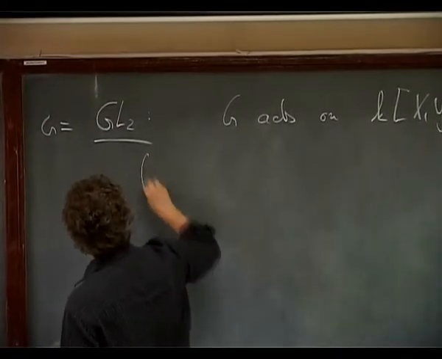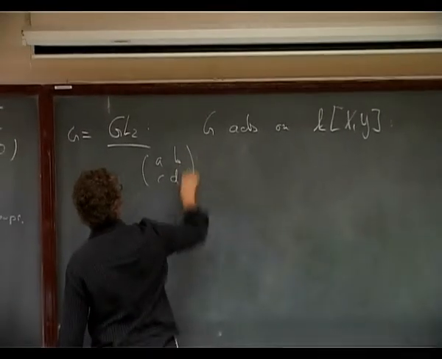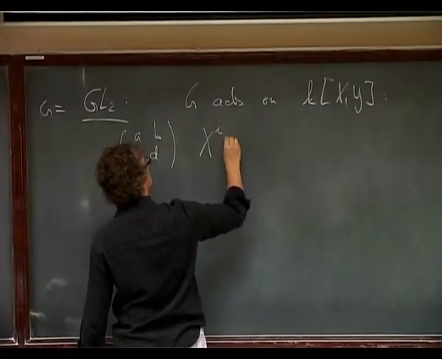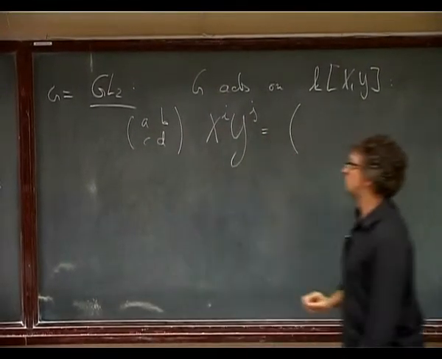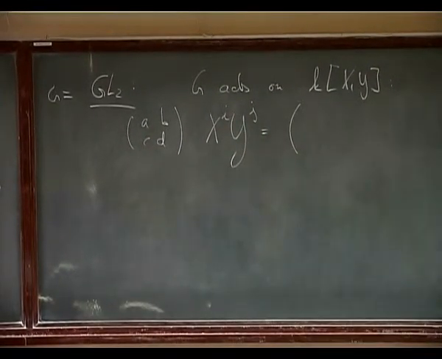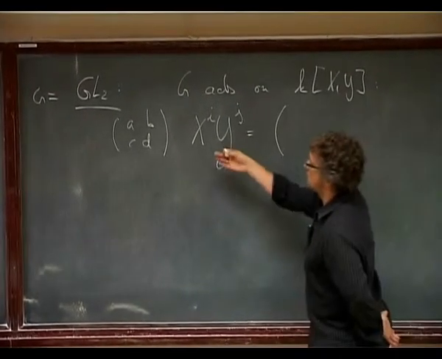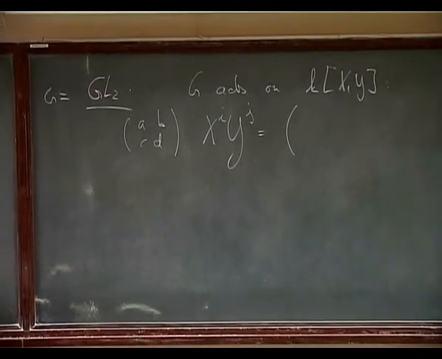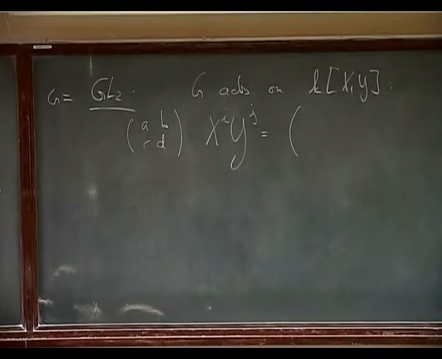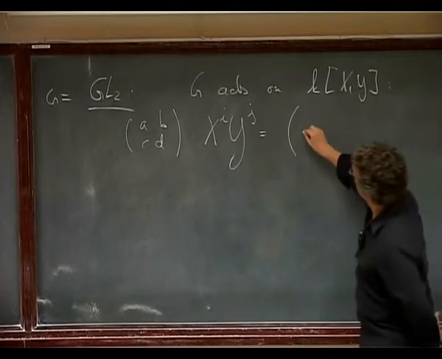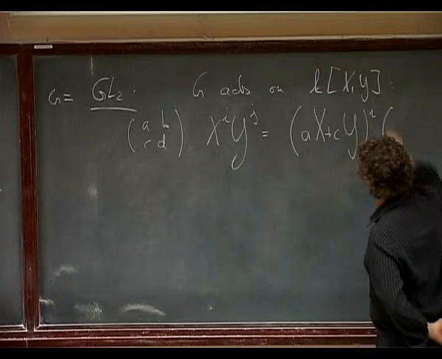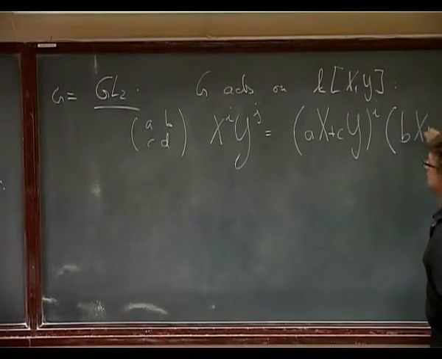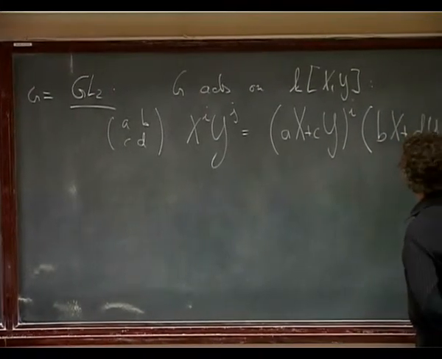A matrix (a b; c d) acts on a monomial of the form x^i y^j in the following form. You think of x as being the first standard basis vector, y the second standard basis vector, and then you look at the linear representation of these matrices on x and y, and so this will be (ax + cy)^i and (bx + dy)^j.